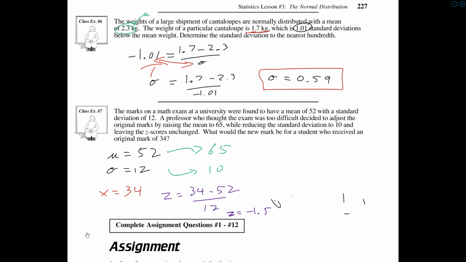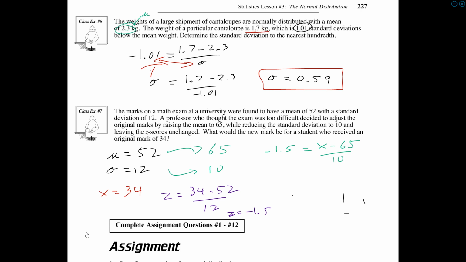What we're saying is she's going to keep the same z-score. So in the new setting, the z-score is negative 1.5, and we want to know what her mark will be. We have a new mean, 65, and a new standard deviation of 10.